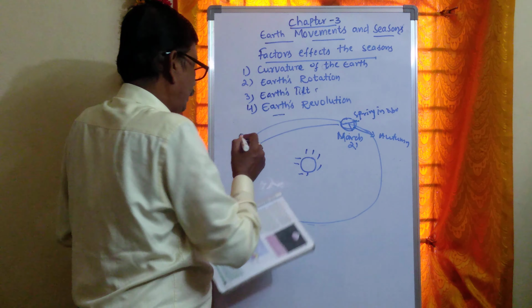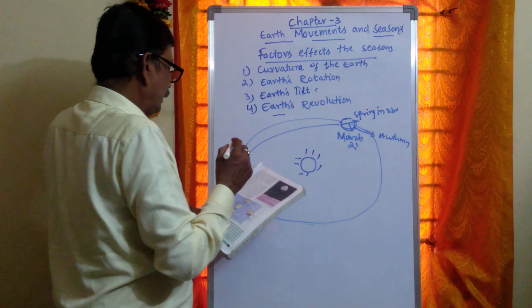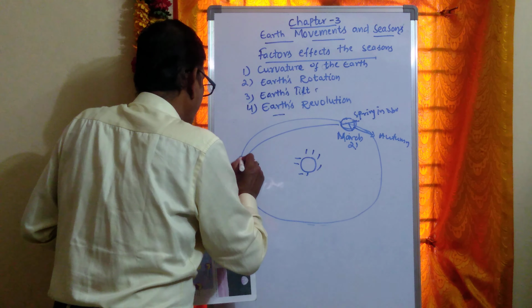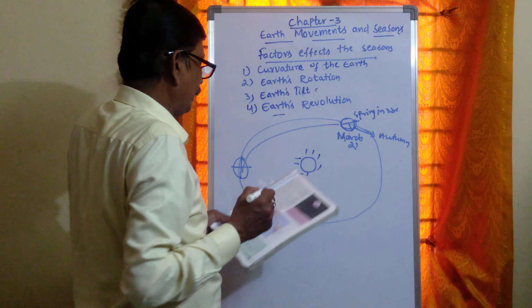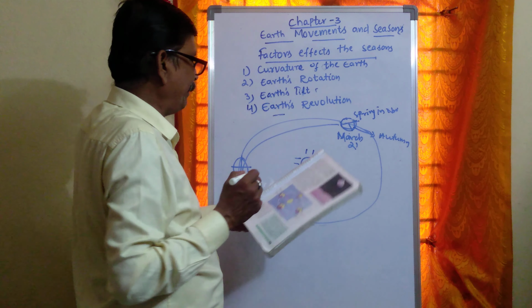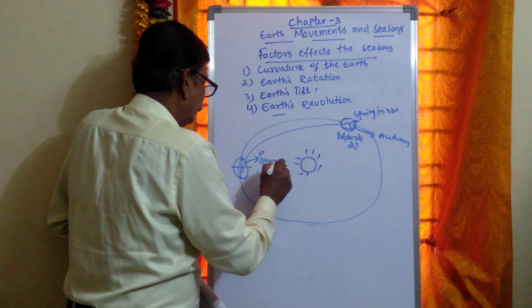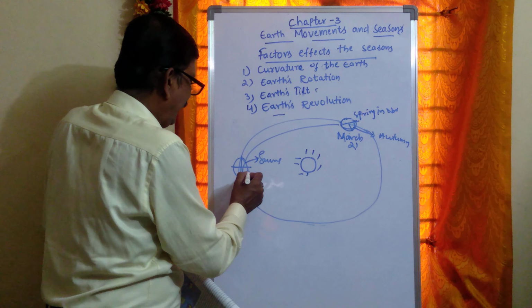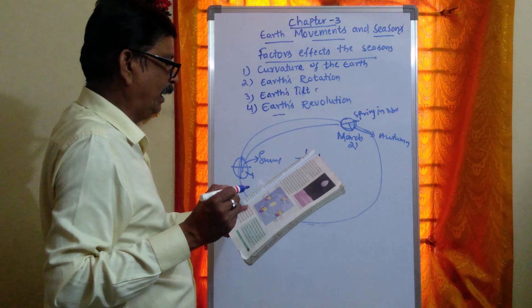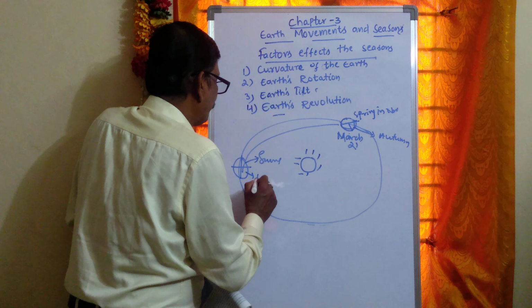When it comes here, what happens? It is the month of June, and summer in the northern hemisphere. Like that, in the southern hemisphere, it is winter.